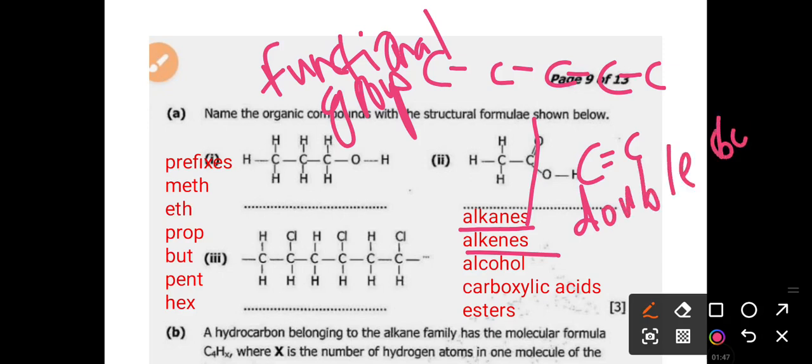Remember, a functional group is a group of atoms or an atom that represents the properties of an organic compound. So it helps us to identify specific organic compounds. For alkenes, once you see the presence of double bonds, then that compound is an alkene.